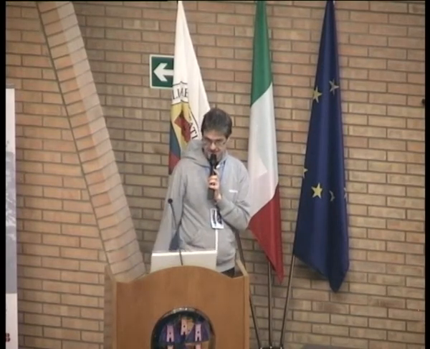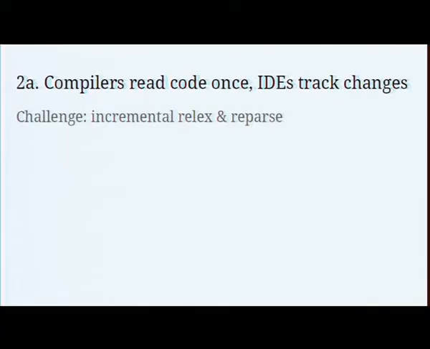Next challenge, also related to code modification, is that once you have typed that letter, we have to update the code model as fast as possible. And we start with incrementally updating the lexer used for syntax highlighting in the editor and the parser used for the PSI and the whole analysis.